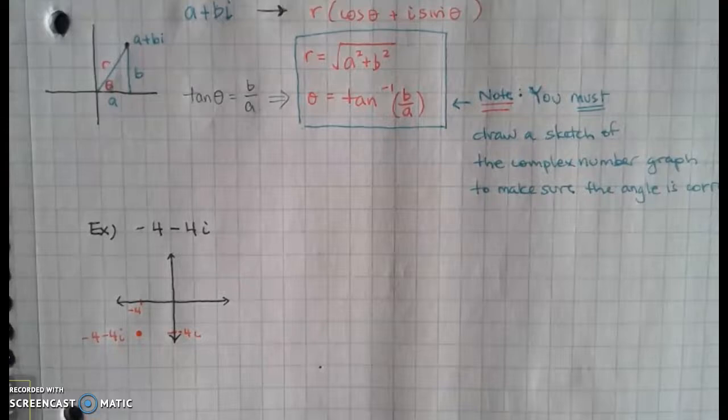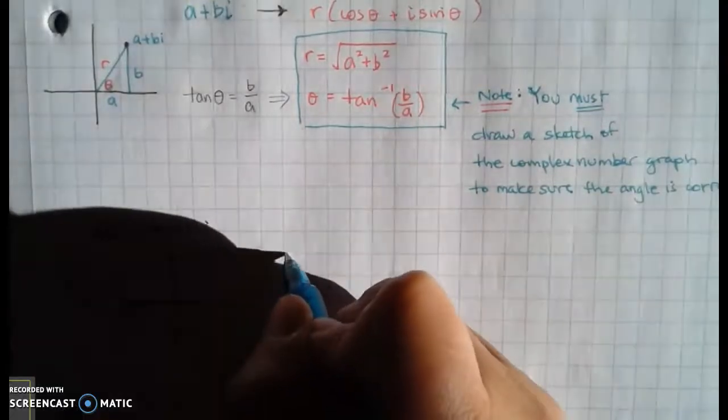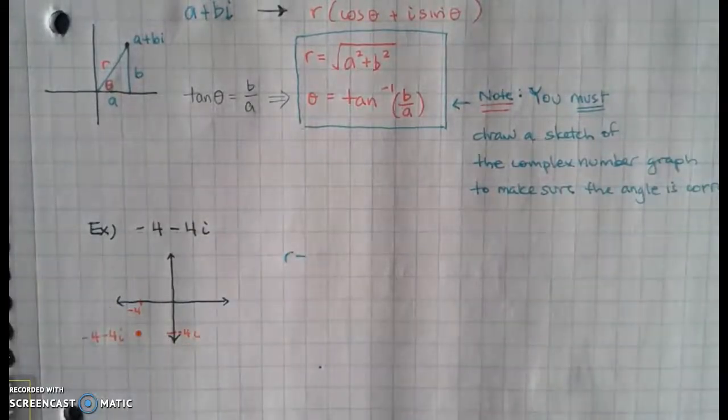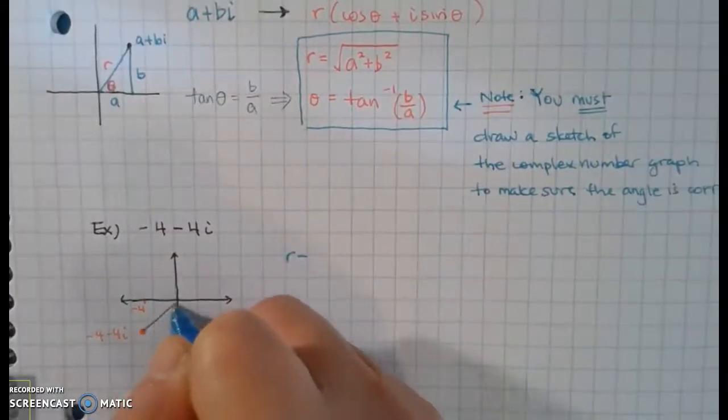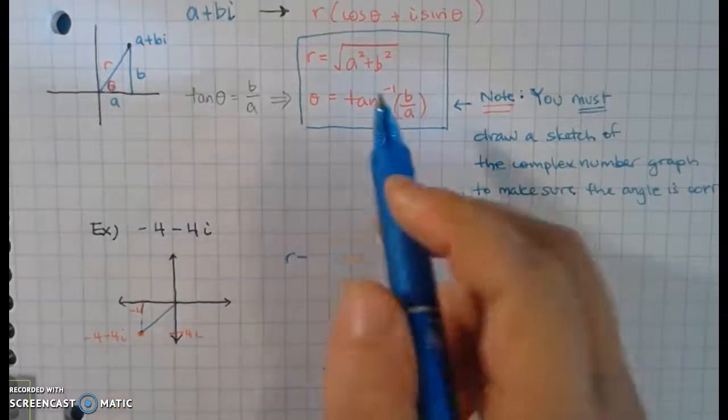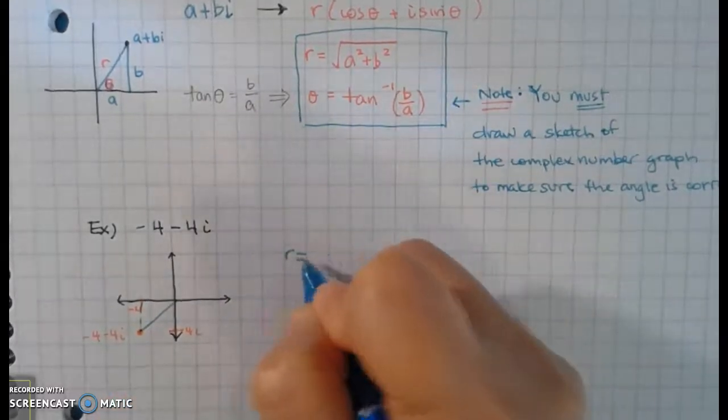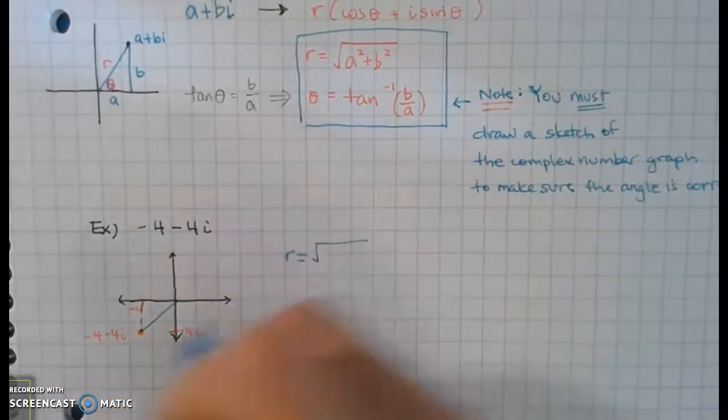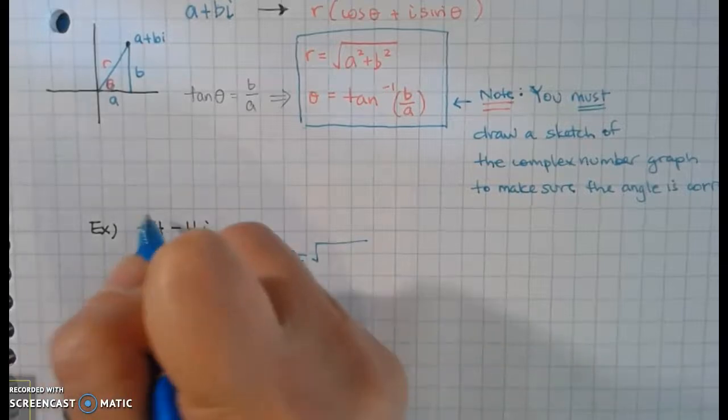Okay, so then from here, how do I figure out the radius? Radius is going to be the distance right there, which is given by square root of a squared, and what is a?